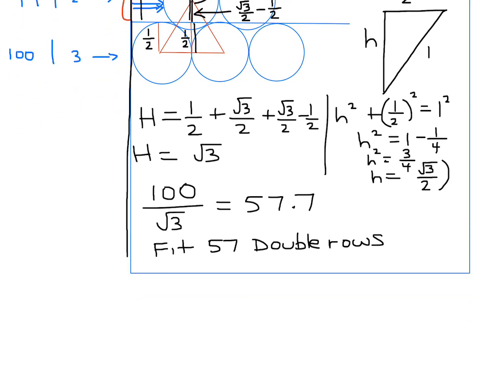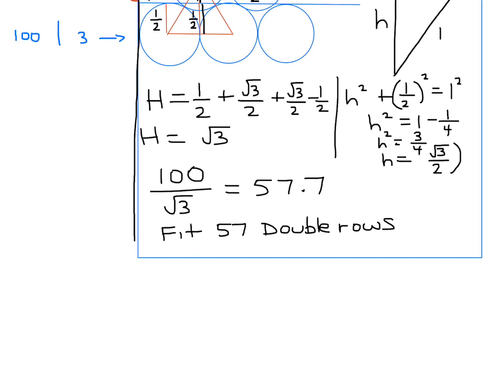Now, if you fit 57 double rows, is there any space for any more? Well, let's figure this out. 57, each double row is root 3 in height, and if you do the math, you'll get 98.7. Now, the full length of the side of the square is 100. Do we have any more space for another row? And the answer is yes. We can put in a single row.